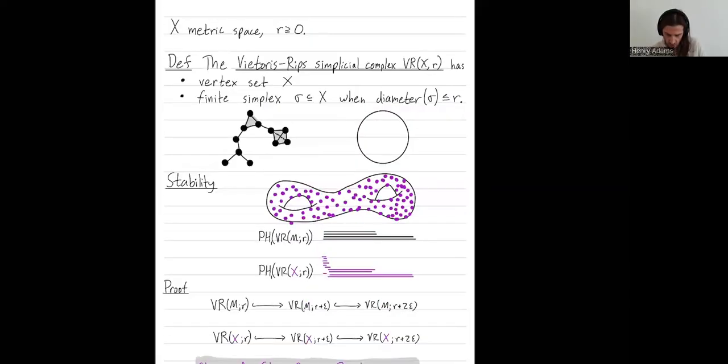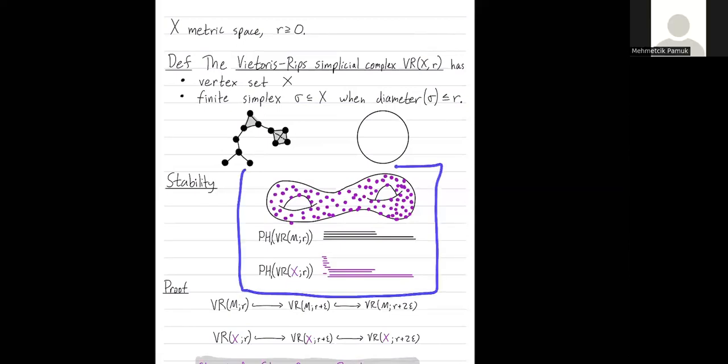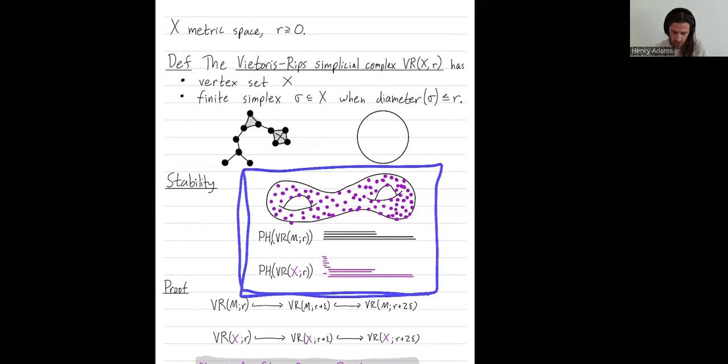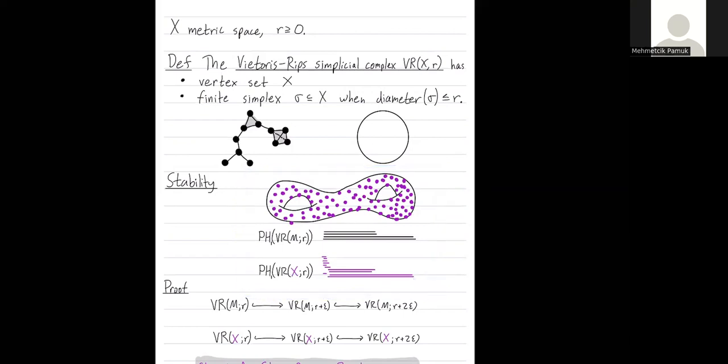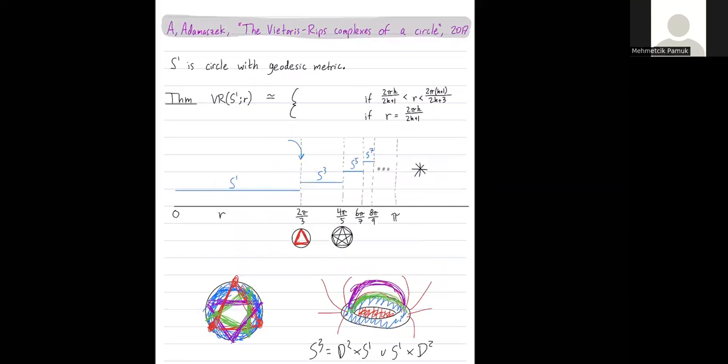So for the stability concept, you have 2 nearby metric spaces. You prove that their persistent homology barcodes as Rips complexes are close. And this is a statement where you need to consider multiple scales at once. So when you write this, first I thought that you are going to choose some R values, the scale parameter values, and then consider what you have and then calculate the first homology groups.